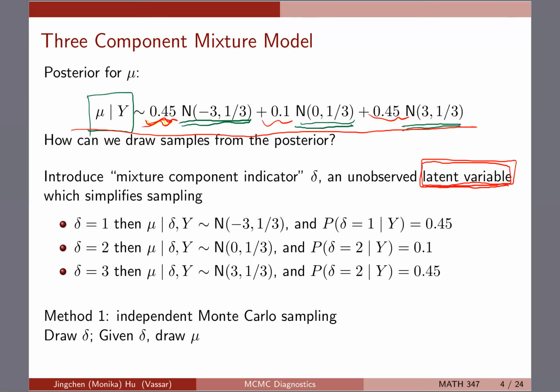So mu has a 45% chance of coming from the first normal, 10% chance from the second, and 45% chance from the third. What are you going to do? Not in Gibbs sampling, in Monte Carlo. This is the first one, second one, and third one. What do you think you're going to do?